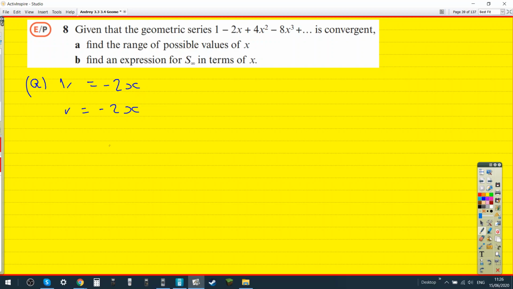Any idea what this is about? Range of possible values. No. That means it's an inequality. Right. Where have you seen an inequality with these infinite geometric series?